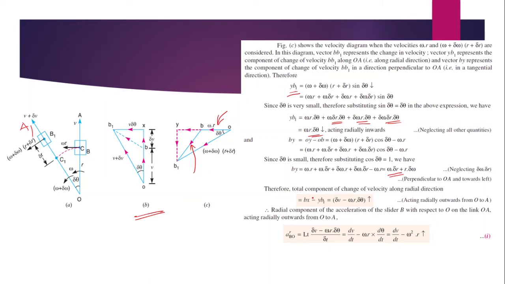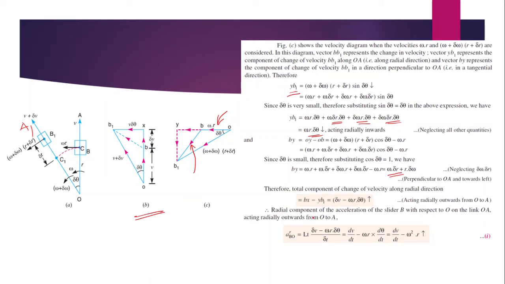That means the total component of change of velocity along the radial direction is equal to BX minus YB1, since BX is in the opposite direction of YB1. That's equal to delta v minus omega r delta theta. That must be in the outward direction.